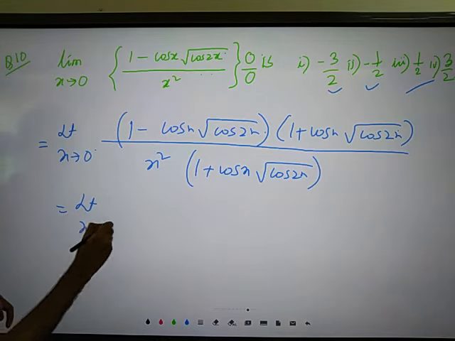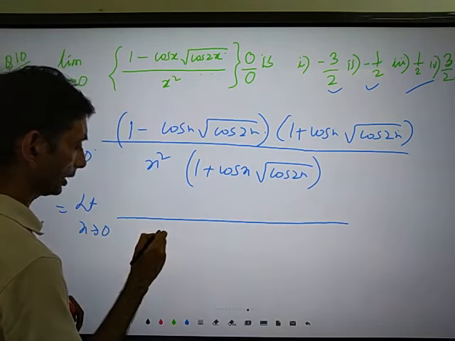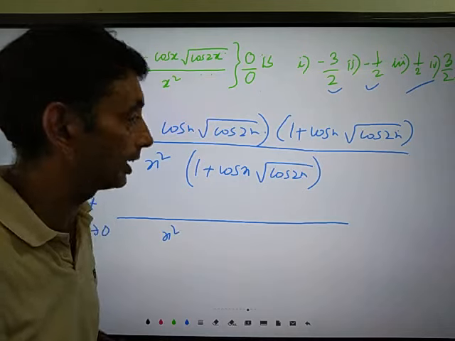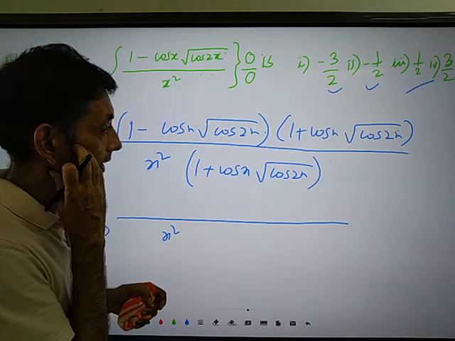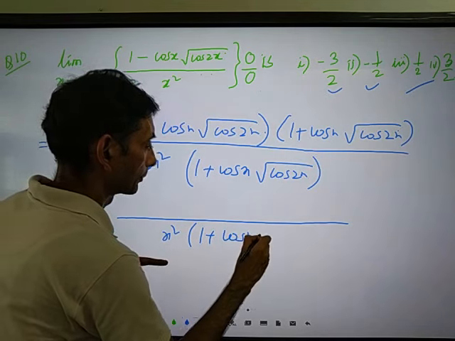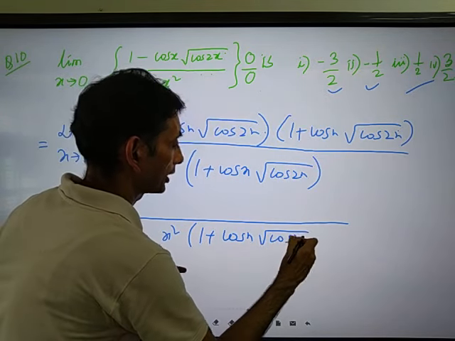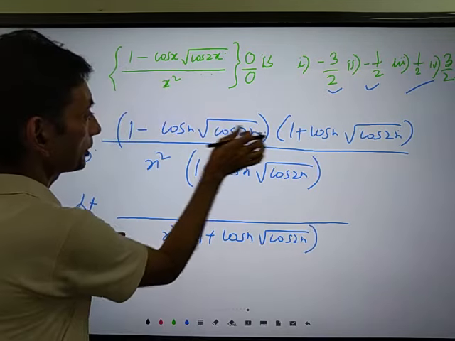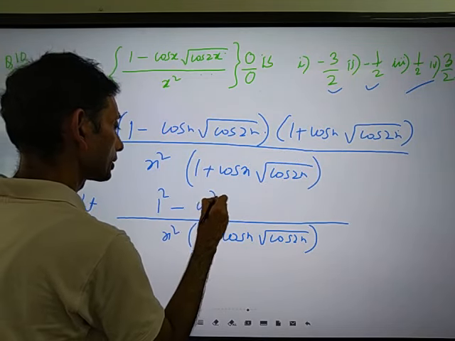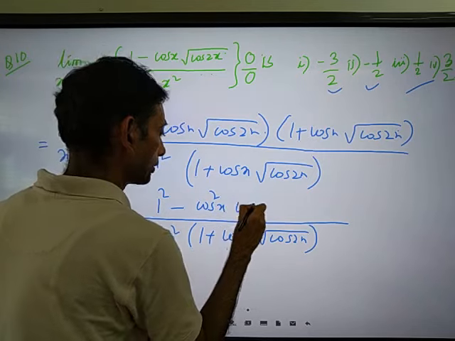Limit x tends to 0. This approach is very common, and generally when irrational terms are there, we try to rationalize the terms. x squared, 1 plus cos x cos twice x. This is the a minus b, a plus b formula, so it's a squared minus b squared. This is cos square x, and the third term will be removed.